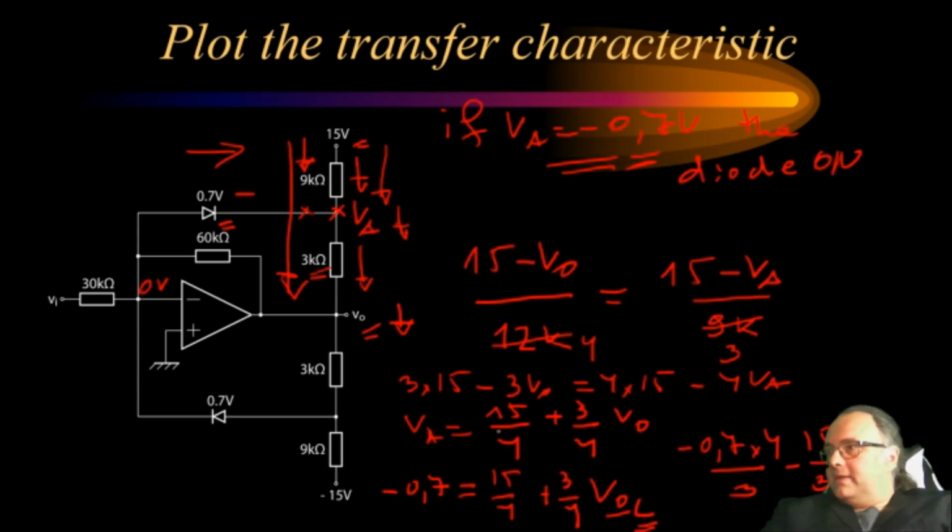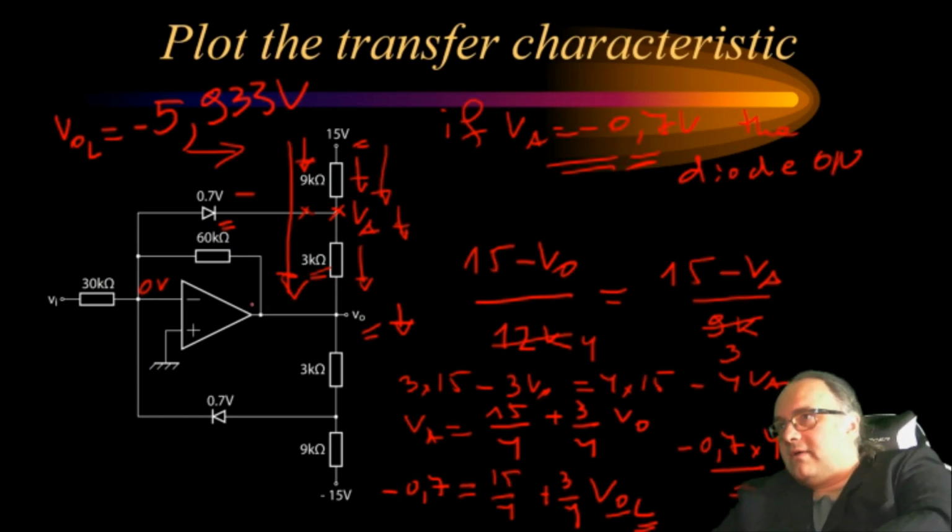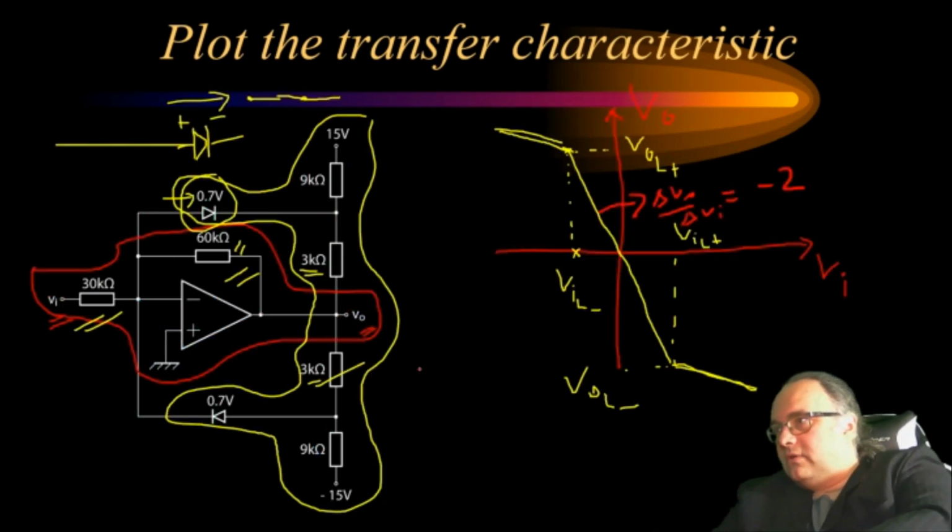All right, so V out low can now be calculated. I'll just do it here to be minus 5.933 volts. Okay, now I have V out low.